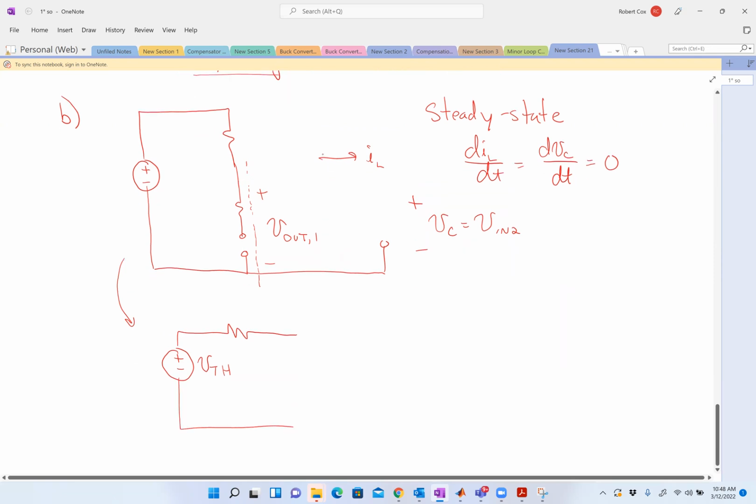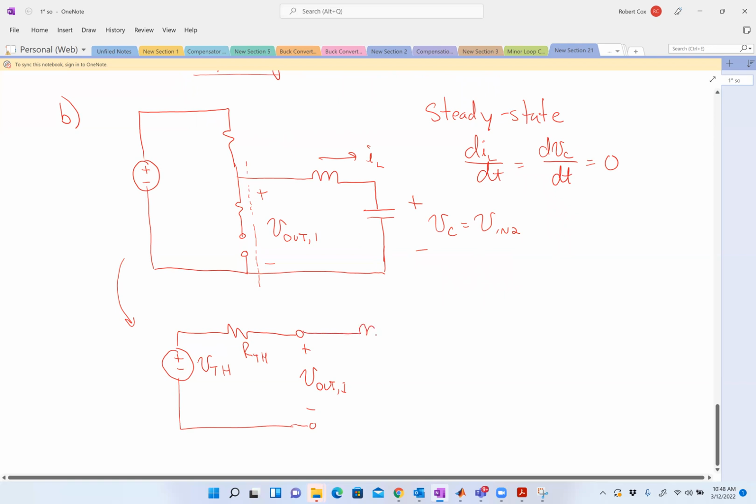If I go back to what I had originally, I had an inductor and a capacitor. In part B, here are the terminals. This was my Thevenin equivalent. This is V out 1. This is my R Thevenin.